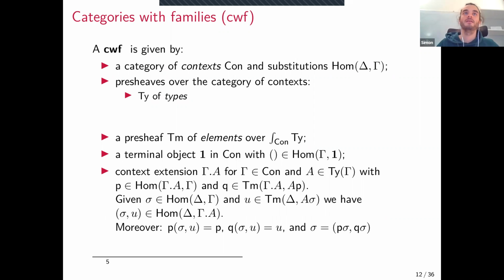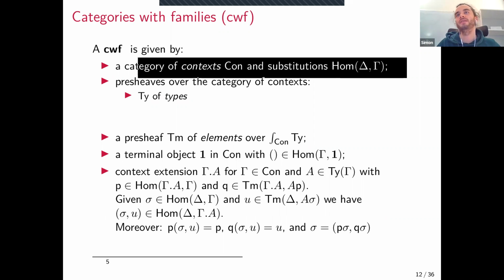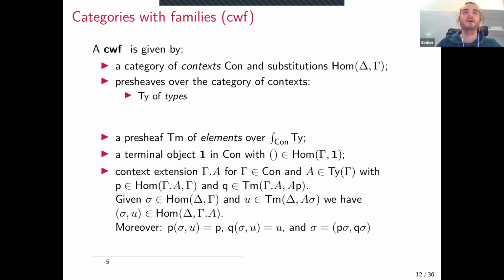This is given by a category of contexts and substitutions. And then there's a presheaf of types, where the presheaf action corresponds to substitution. And then there's a presheaf on the category of elements of types. We have a terminal object, which I denote as 1, the empty substitution, and then an operation of context extension.